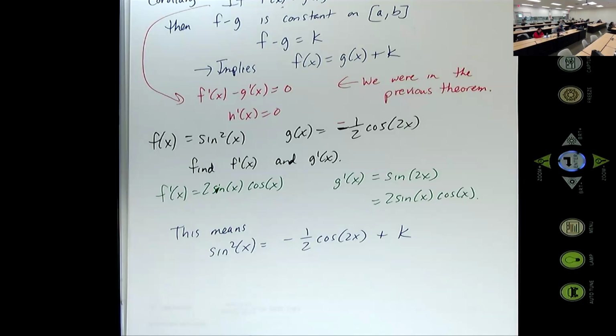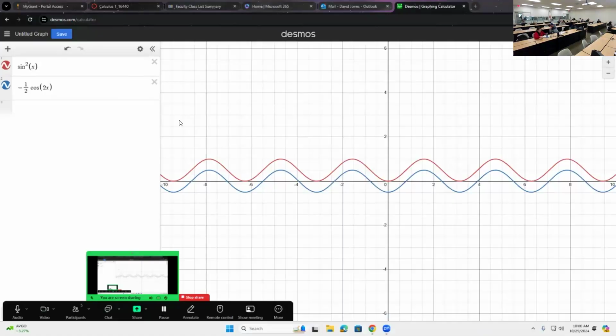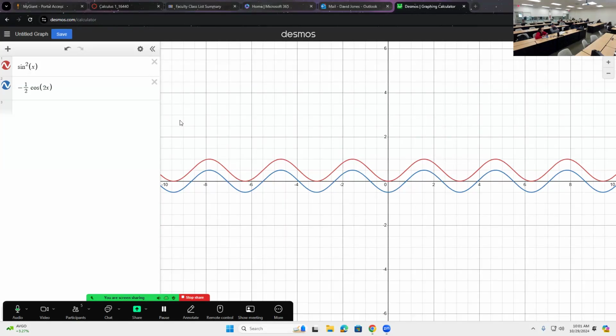I've got both graphs loaded on Desmos, so you can see for yourself. The red line is sine squared x, the blue line is negative 1/2 cosine 2x, and this one is just moved up. We could probably find the value for it too.